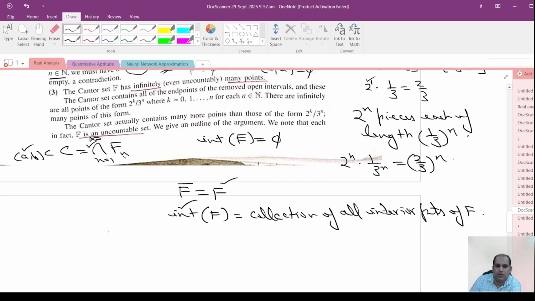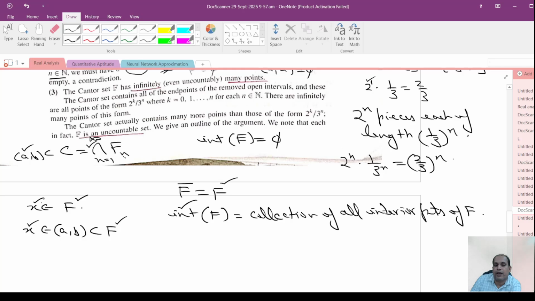Let us recall the definition of an interior point. When we say that x belonging to F is an interior point, it means that around this x I can construct an open interval AB which contains this x and which is contained in the Cantor set.